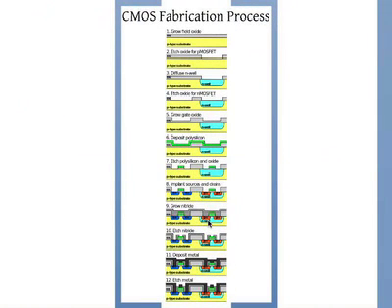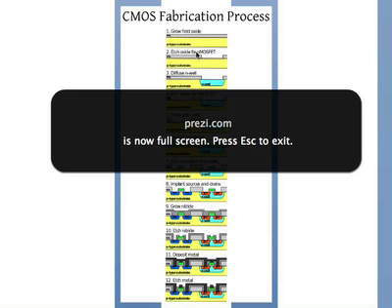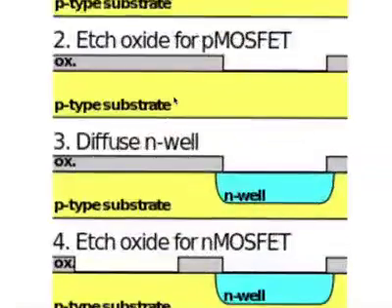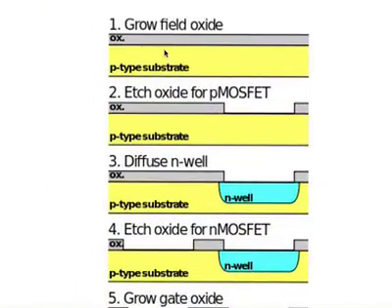I won't go through the details of this, but very quickly I can go through it. It shows the different processes, and it actually says what they are, so you can correlate them. What happens is, again, you start with a P-type silicon wafer, you oxidize the silicon, create a field oxide, the isolation oxide, which is the same as what we saw before.